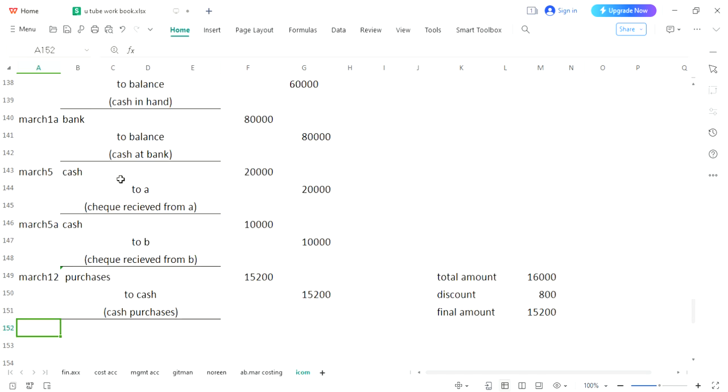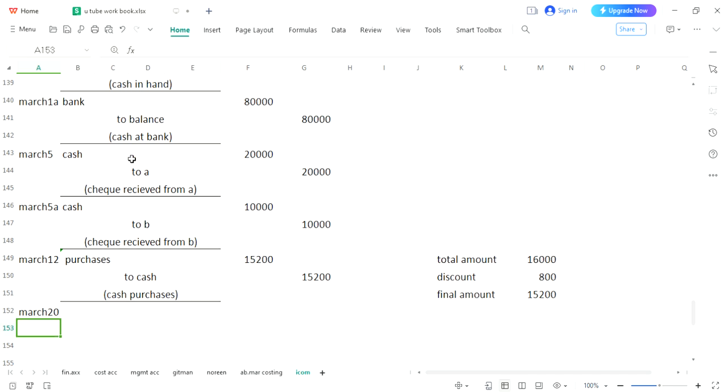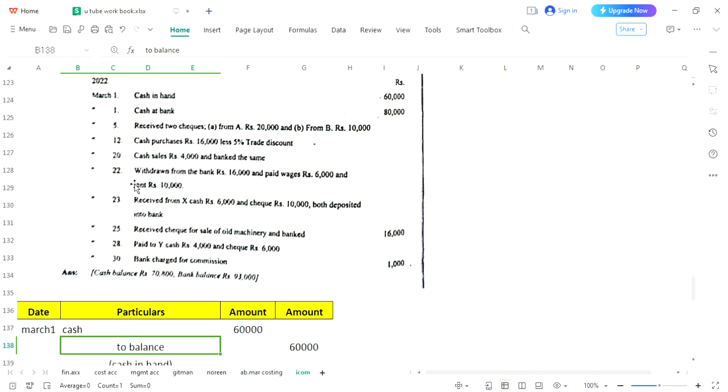Now March 20 is our next entry. March 20 is saying cash sales, banked the same. Please understand, you have sold goods for cash and that cash is immediately deposited into the bank.